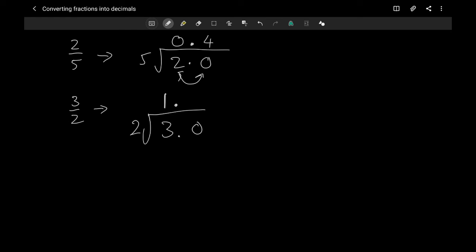We place the decimal point there. Now, 2 goes into 3 one time with a remainder of 1. So now we ask, how many 2's go into 10? The answer is 5. So 3/2 as a decimal is 1.5.